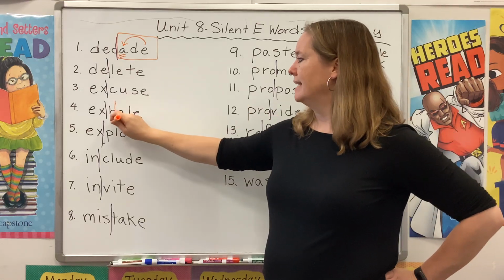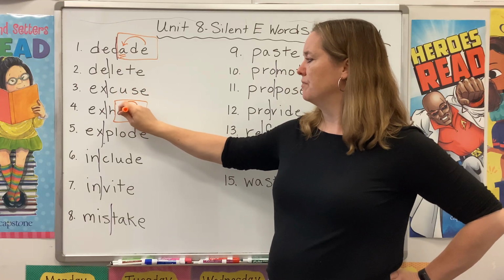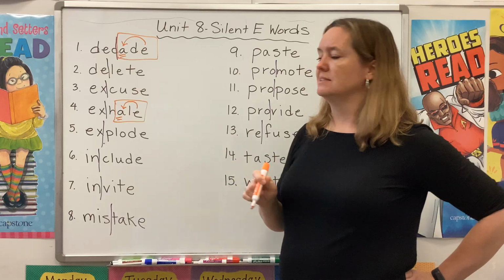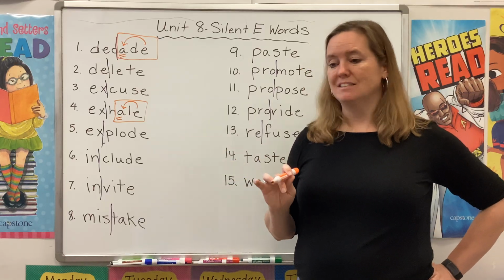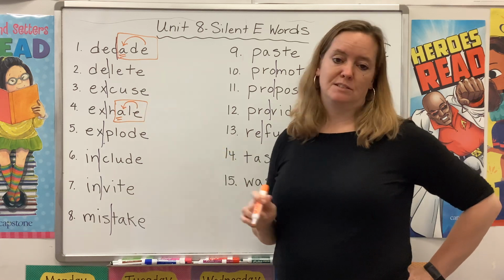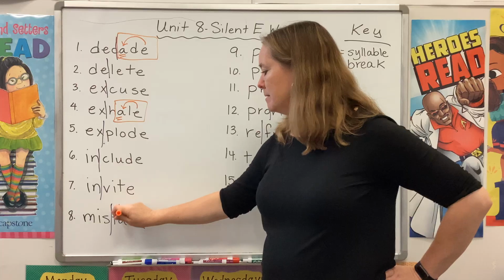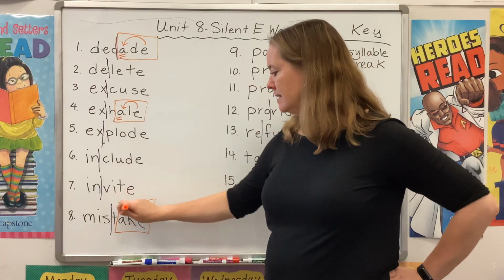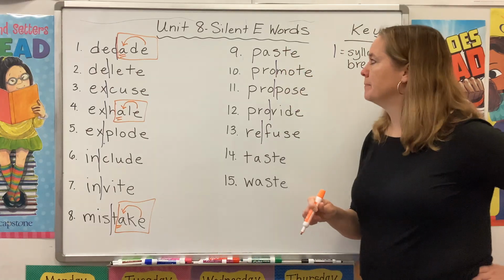We see that again in exhale. The E jumps over the L, tells the A to say its name. Notice the E is silent. It doesn't do any talking. It just bosses around the vowel. Okay, again in mistake, the E makes the A say its name.